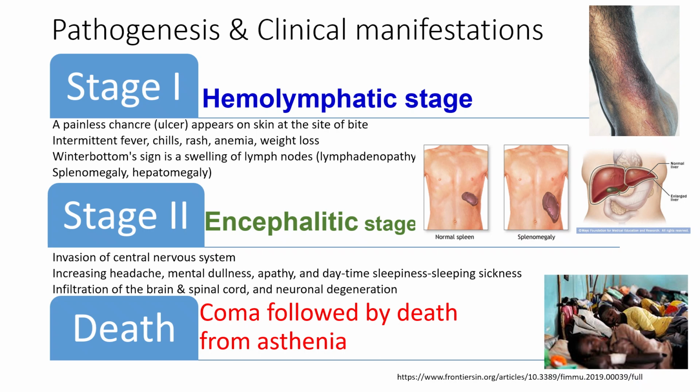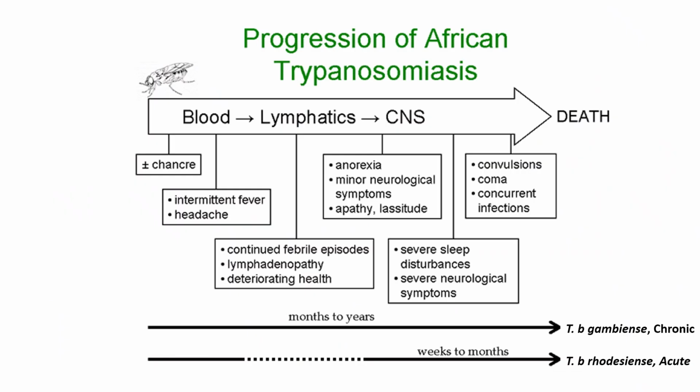The patient will develop headache, mental dullness, apathy, and they feel sleepy all the time. If left untreated, it will cause infiltration of the brain and spinal cord and cause neurological degeneration. In the final stage, it will cause death, usually starting with coma followed by death of the patient.